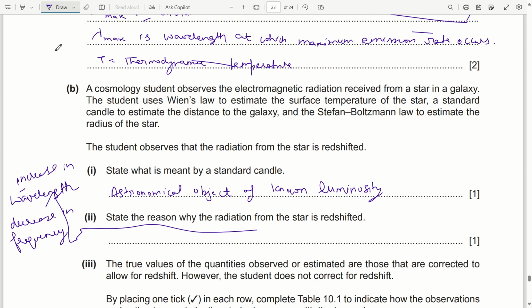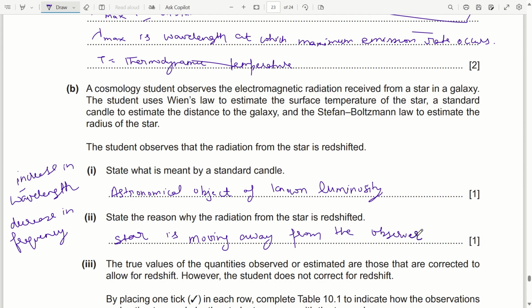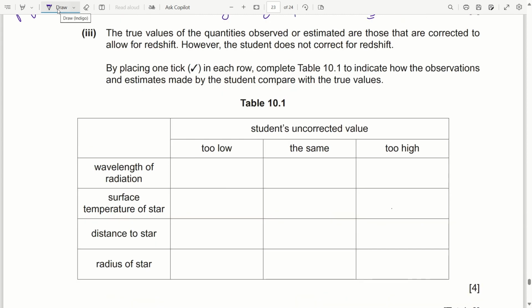So here we can write in the answer that the star is moving away from the observer.